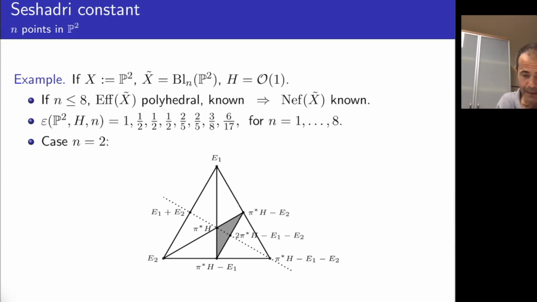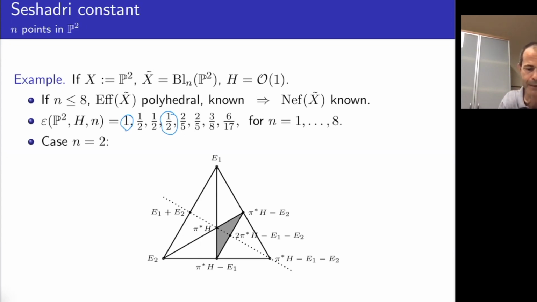It is polyhedral, and again by duality we can describe the nef cone of the blow up. In particular, we can compute the Seshadri constants. I just remark that the only values for which we get the bound, which is 1 divided by the square root of n, are n equal to 1 and n equal to 4.